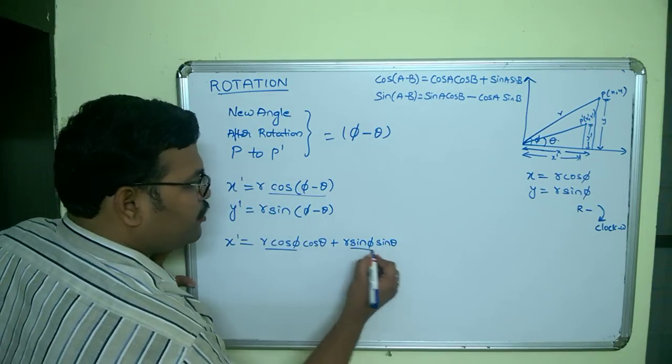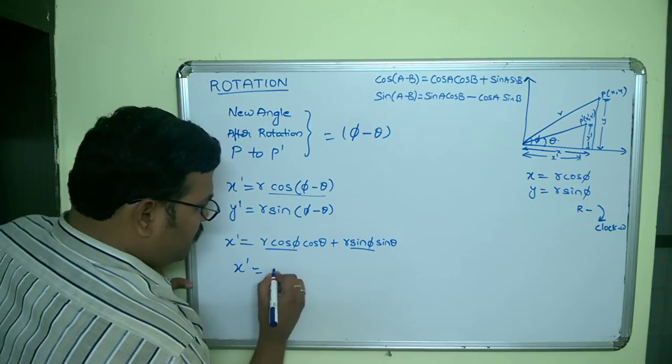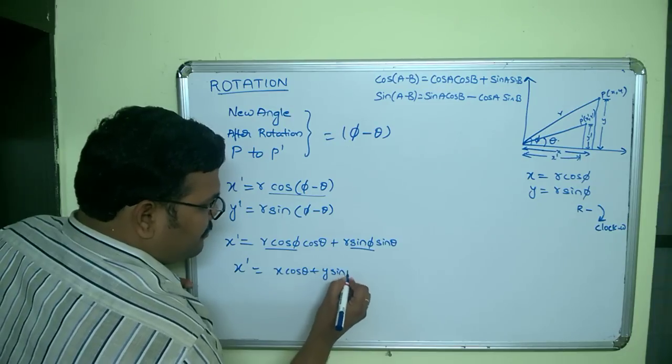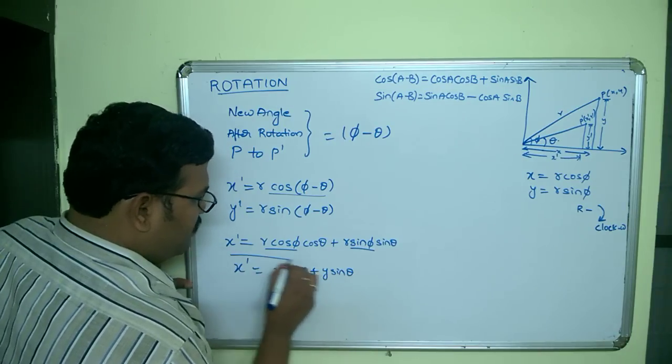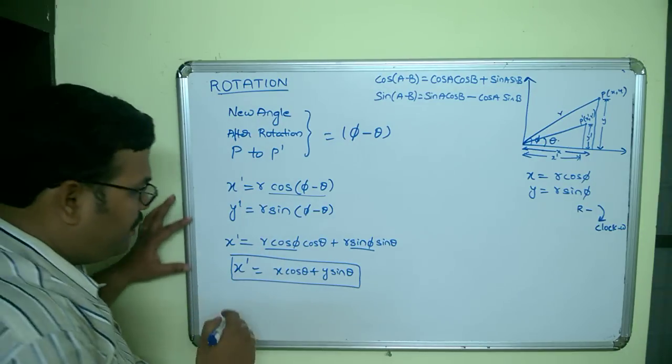We can substitute x and y in place of r cos phi and r sin phi, so x' is equal to x cos theta plus y sin theta. This is the formula to find the new x coordinate.